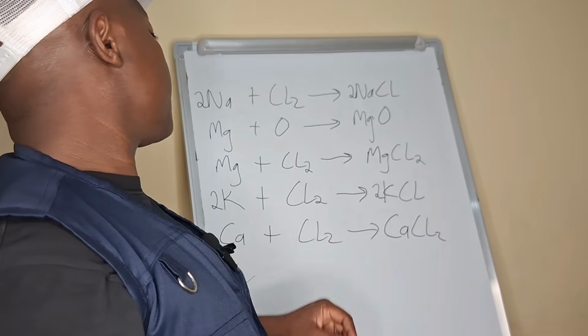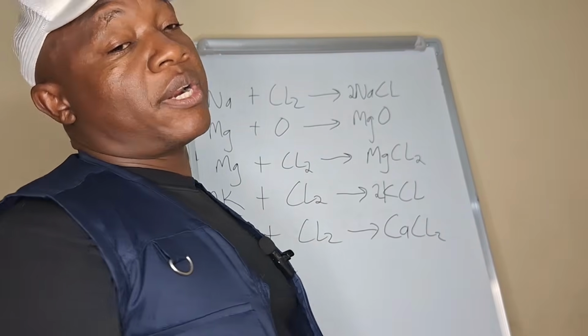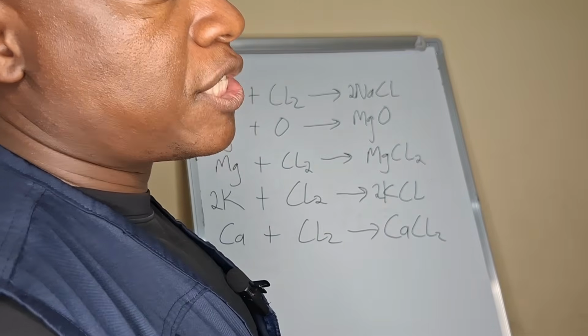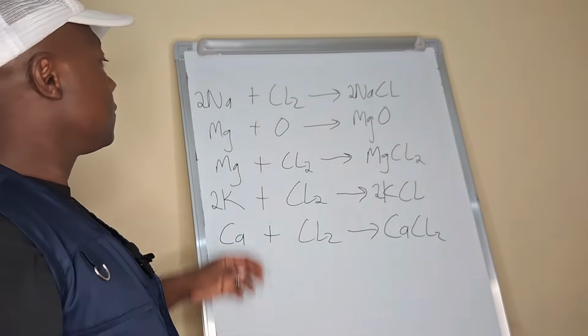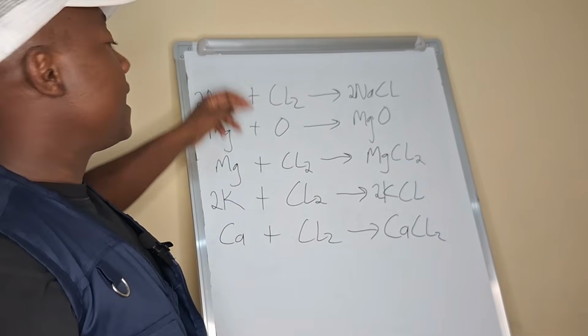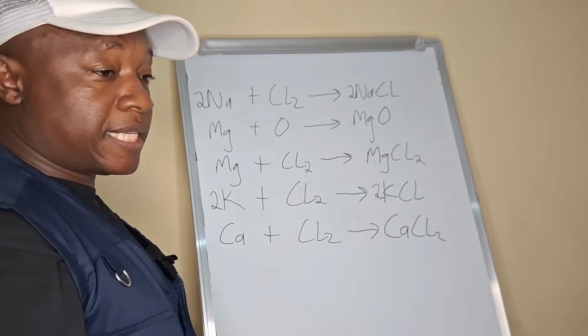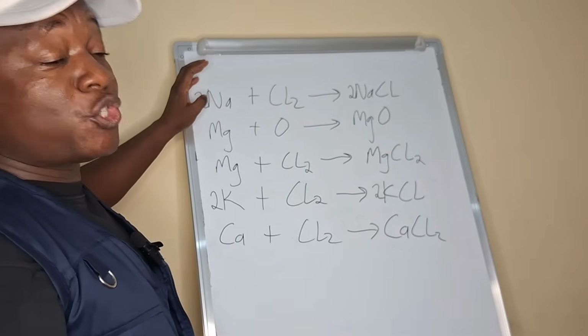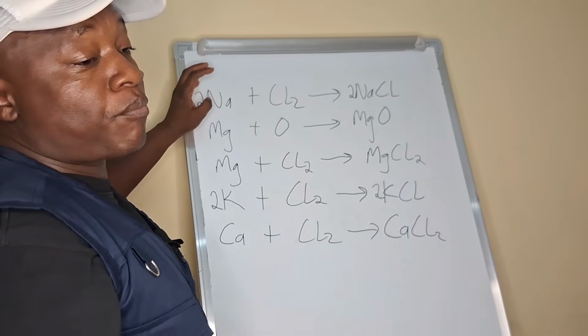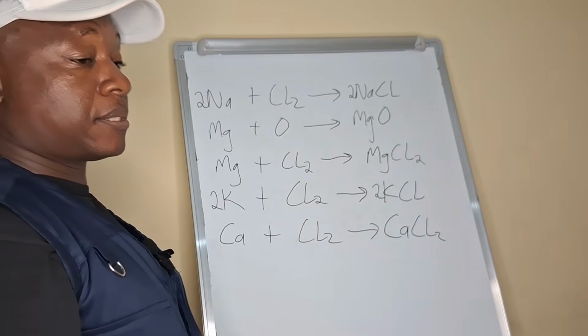We have got two chlorine atoms on the left-hand side and two chlorine atoms on the right-hand side. So this equation is balanced. When we are balancing ionic compounds, it's very simple and easy. But for now, we want to proceed to balance covalent compounds.